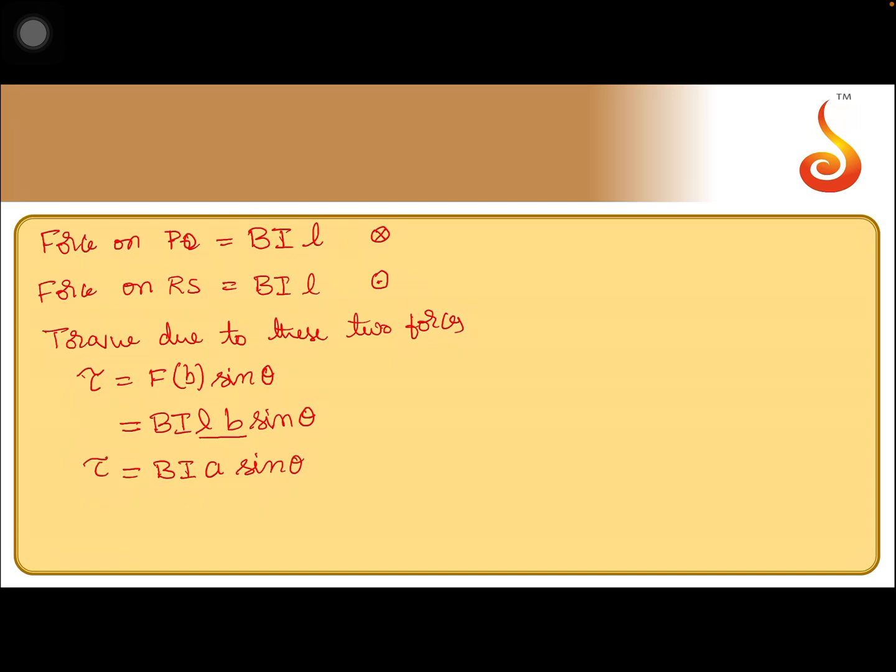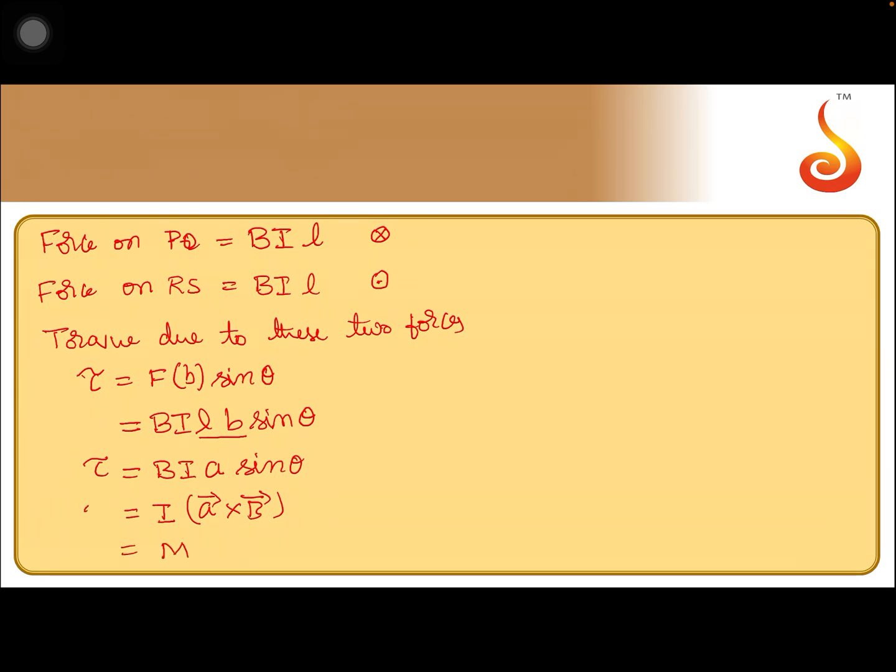Here, what is theta? Theta is the angle between the area vector and B. So I can write this as I into A cross B. I into A can be written as the magnetic moment vector.